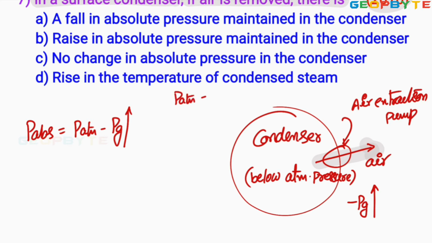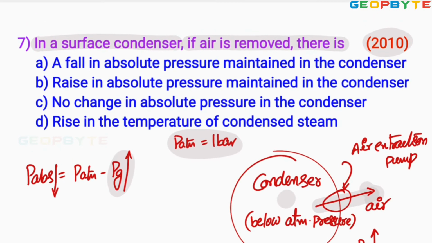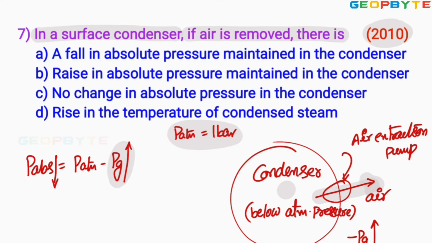If this gauge pressure is increasing, definitely, atmospheric pressure is constant. Atmospheric pressure equals what? Roughly 1 bar. At constant atmospheric pressure, if the negative gauge pressure in the condenser is increasing, definitely absolute pressure is decreasing. Let me read the problem once again.